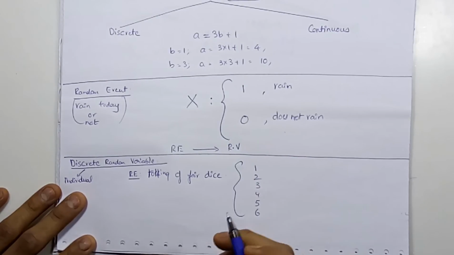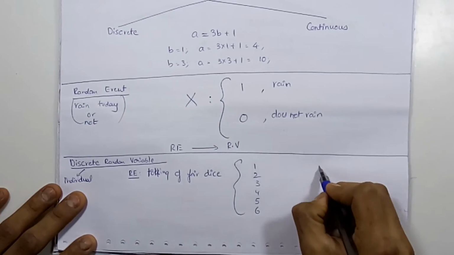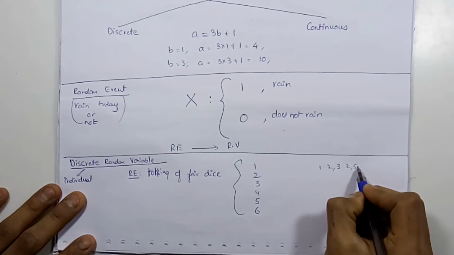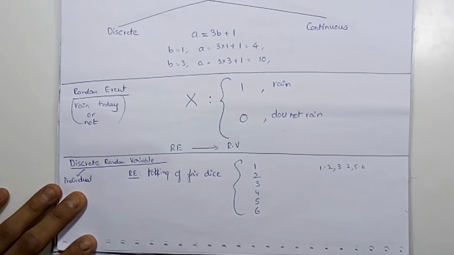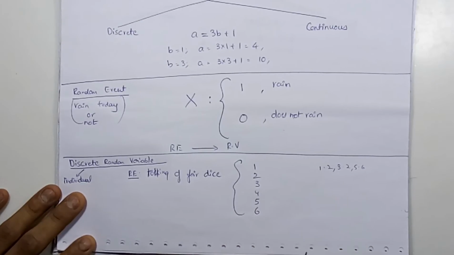And we know that when you roll a fair die, we're not going to get values like 1.1, 1.2, 3.2 or 5.6. The value that shows up on the face of the die is going to be one of these numbers, right?